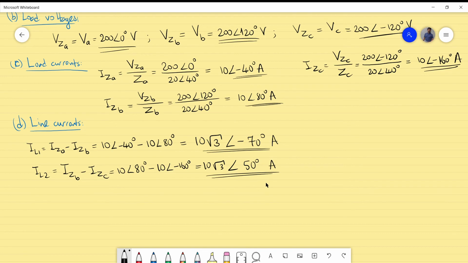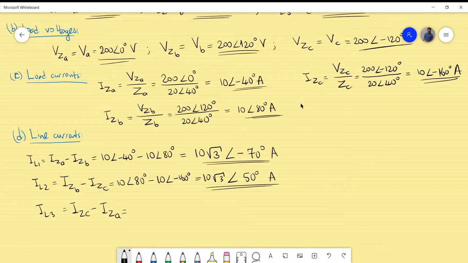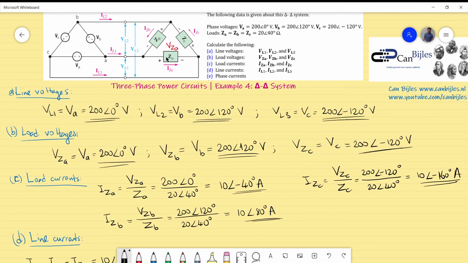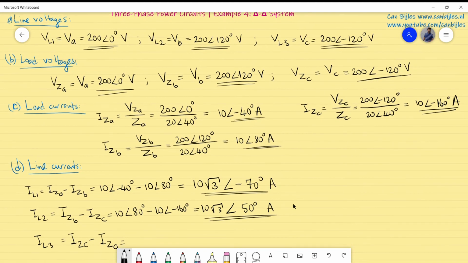So if I do that also for IL3, which is the expression for IZC minus IZA, if you look at the circuit again, so IL3, which is this one, will be IZC minus IZA. So just using again Kirchhoff current law at this point, we have determined the IL3.